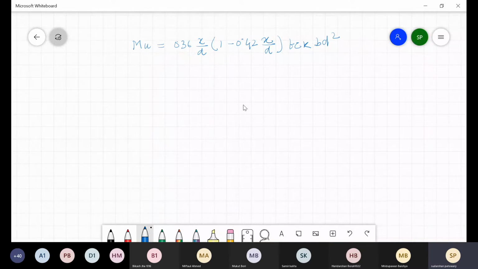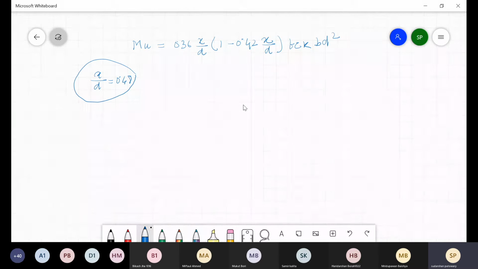So x/d is equal to how much? 0.48 from IS 456. We are using here the x/d value as your balanced section value. So if you put x/d, then you get this as 0.138 fck b d square.